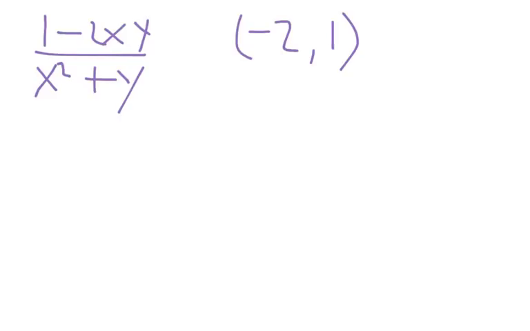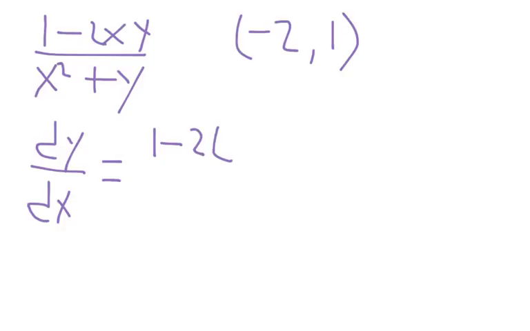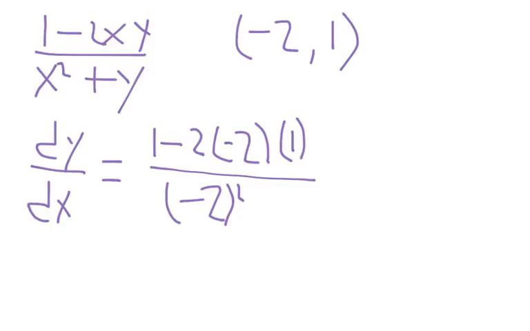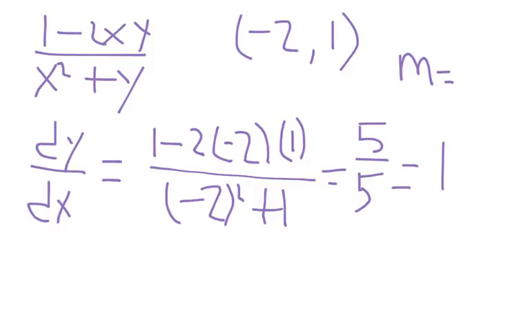So dy over dx equals 1 minus 2(negative 2)(1) over (negative 2) squared plus 1, which equals 5 over 5, which is 1.